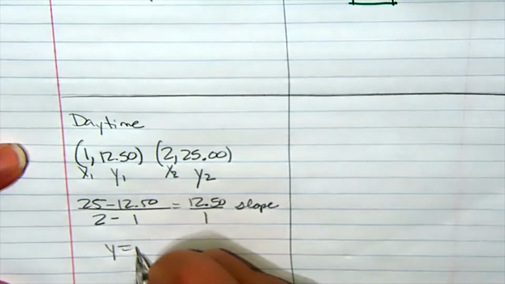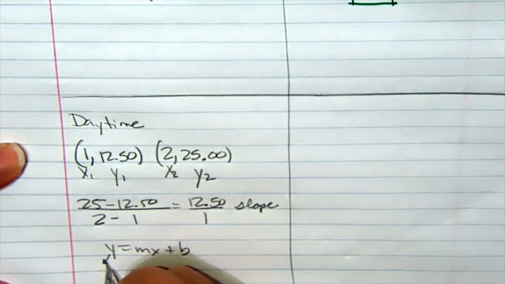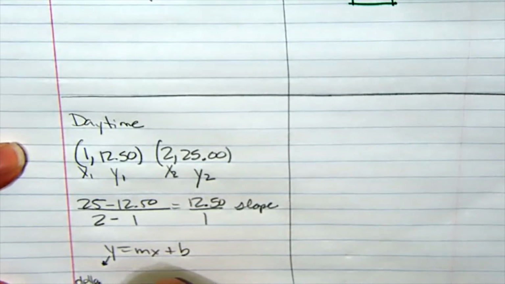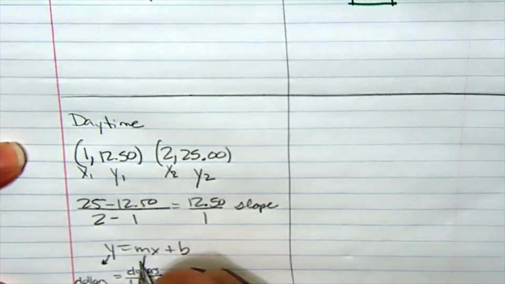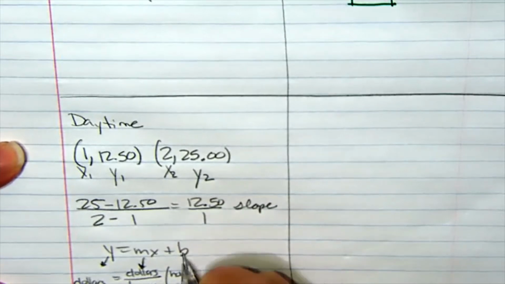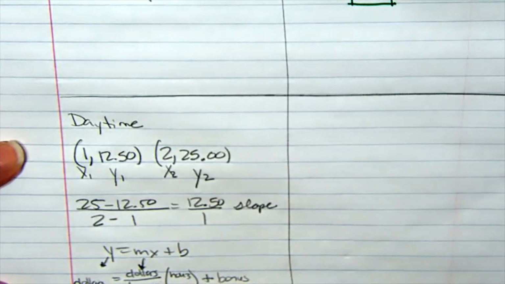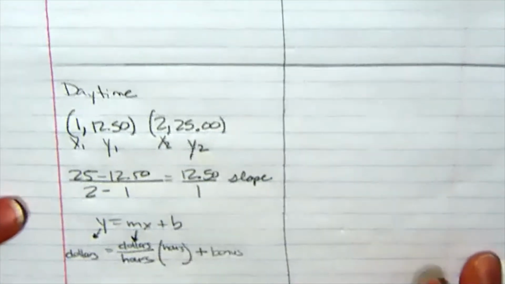So y equals mx plus b. This is dollars equals dollars over hours, that's my slope, times hours plus this bonus, whatever that bonus is.